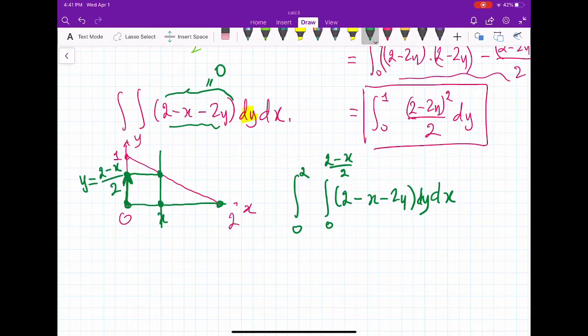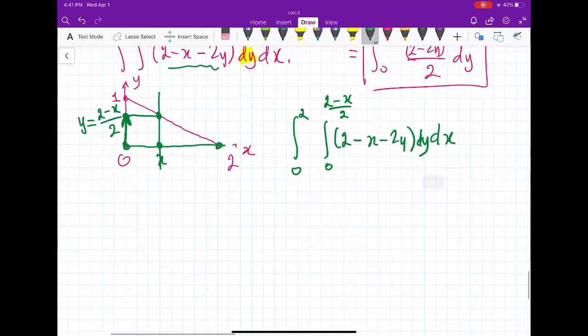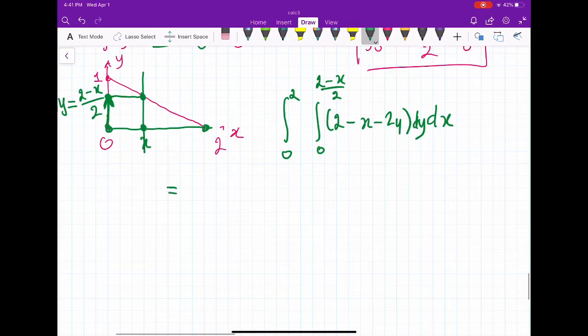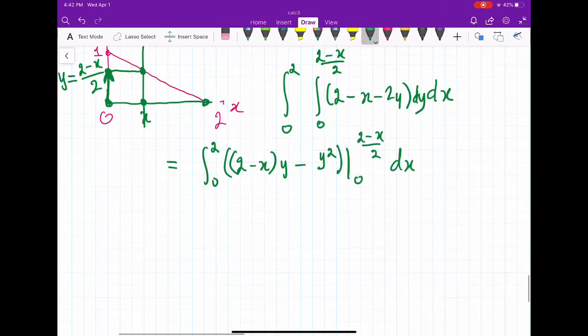Let's integrate the inside function first, with respect to y. 2 minus x is constant, so I get 2 minus x times y minus y squared, because 2 already cancels out, evaluated from 0 to 2 minus x over 2, dx.